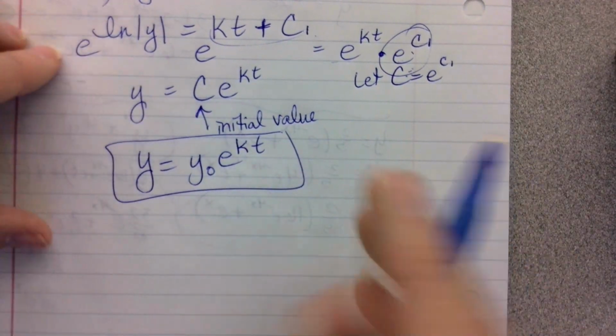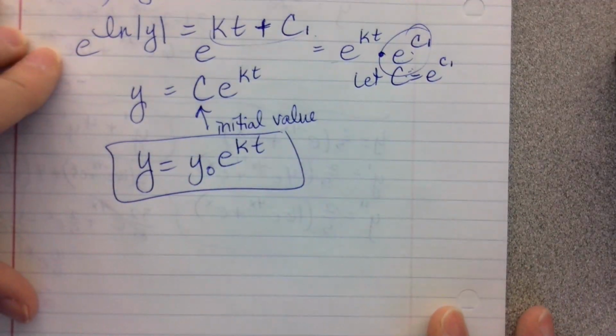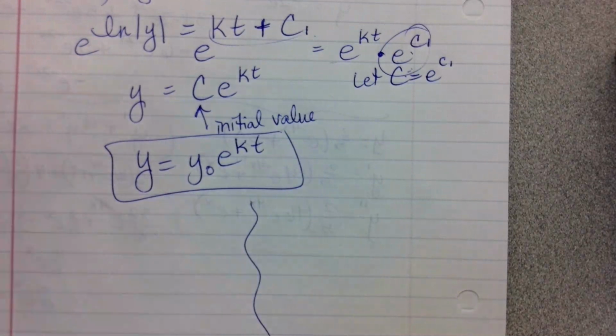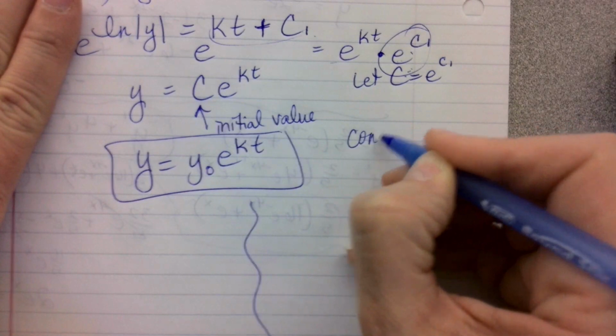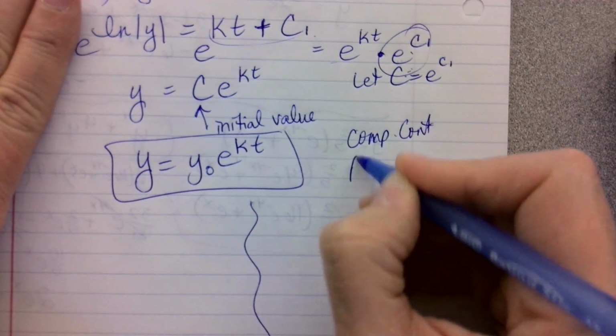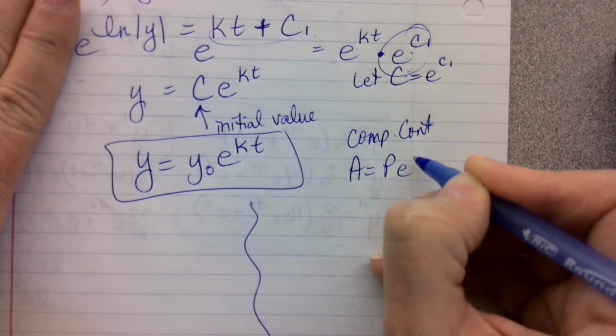So all of the problems today are applications of what you did last year. If you had compounded, do y'all remember compounded continuously? Yeah, that's A equals P e to the RT.